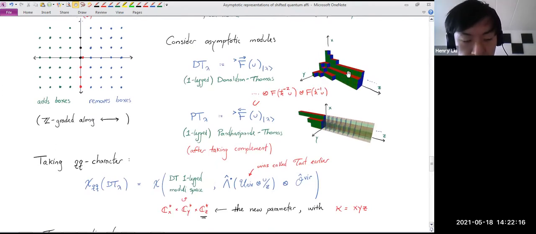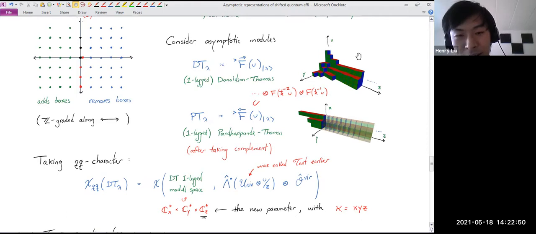If you imagine the virtual tangent space of either DT or PT or any of the theories in this whole family, that tangent character at a particular 3D partition has a linear part in terms of the character of the 3D partition, and then it has a quadratic term. And for many purposes, the quadratic term is really annoying.